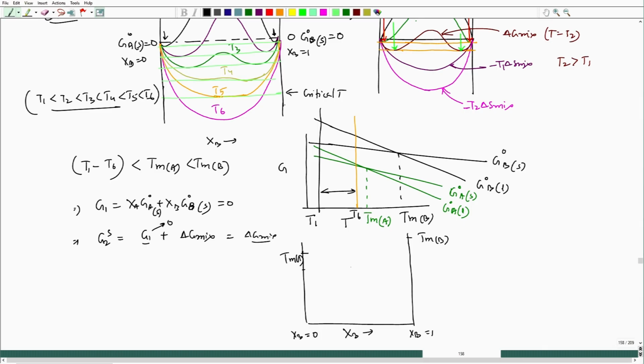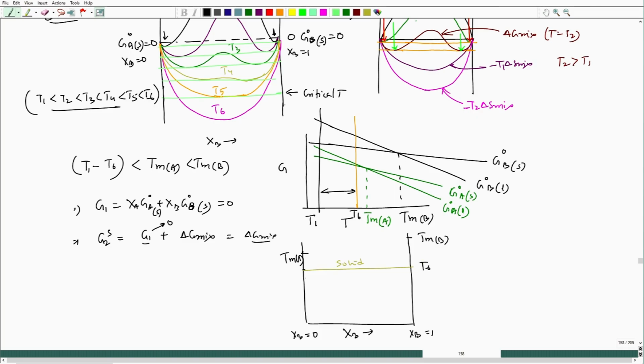So, at T6 all are solid, because solid free energy is convex downward all throughout. This is T6.